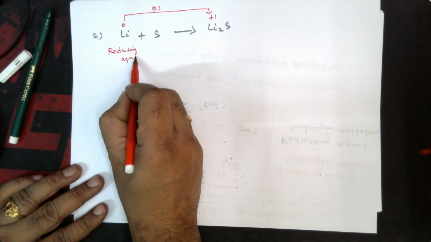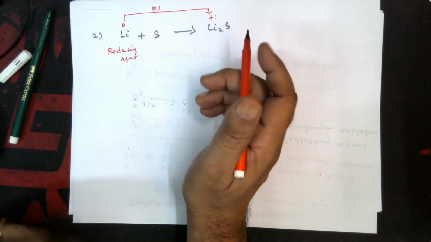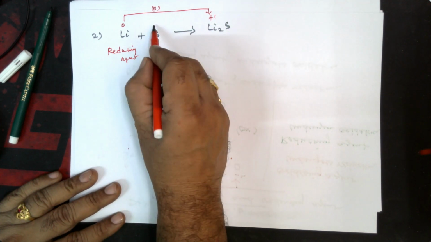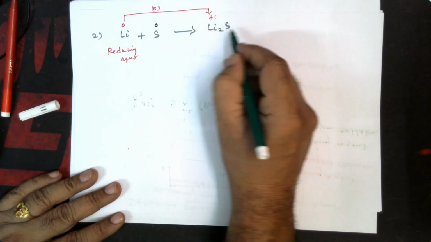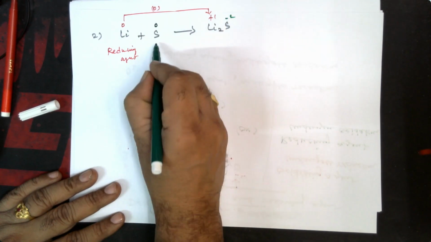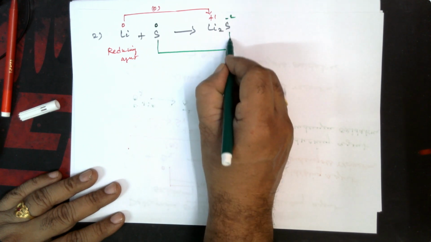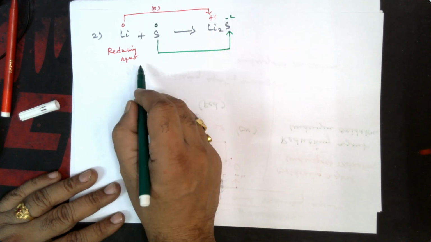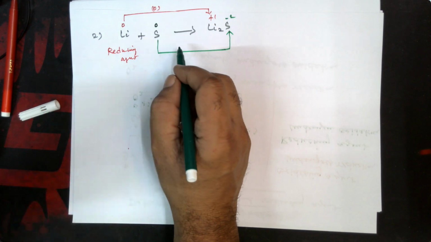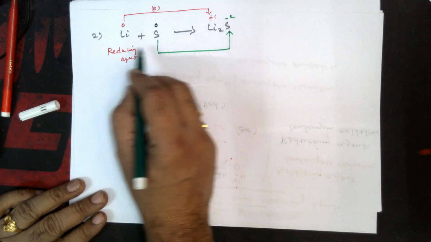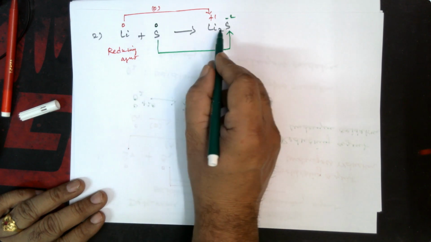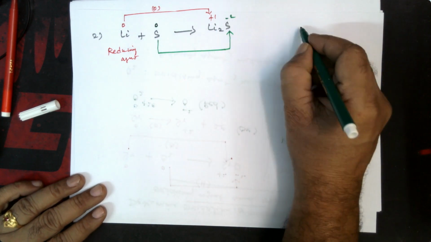Once you fixed this, the other one can be the opposite one. So what about sulfur? It is 0. And here it is -2. So it has accepted electron. Is it not? Are you able to follow? So you must be able to interpret in terms of electron also. Can you do? And what has happened here? Sulfur, usually addition of electron.